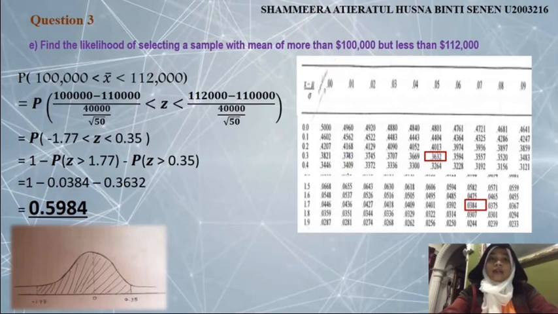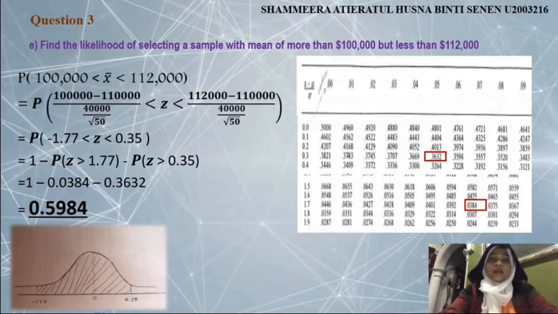For this question, we use the sampling distribution of the sample mean method. We have to substitute all the values in the formula, and we will get P(-1.77 < Z < 0.35).